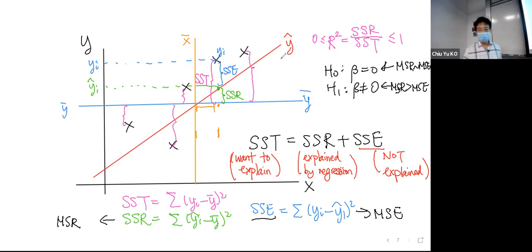But if it's not flat, the MSR will be much greater than MSE. That's why it justifies our F-test. Is that clear? Because it's based on the idea of variance comparison. Is that okay? Let me repeat because it's very important.